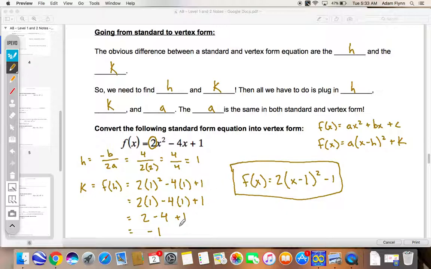So that is the vertex form of this equation. If you were to plug this equation and this equation into some type of graphing utility, which we don't know how to do yet, we'll get the same parabola, or the same quadratic function. Pause the video if you need more time.